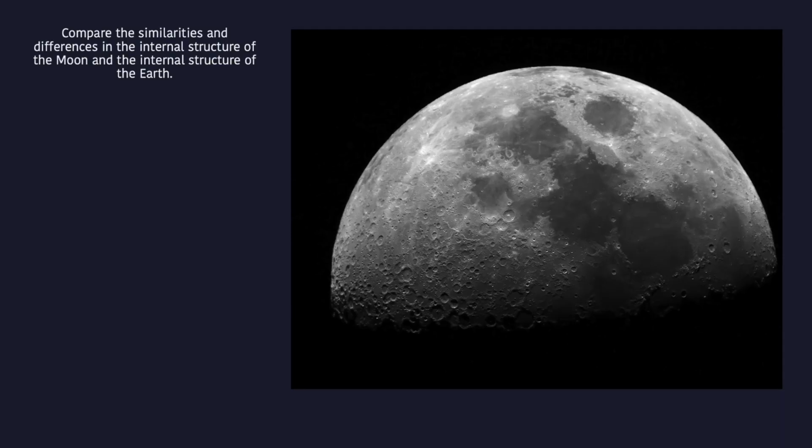Okay, so let's have a little look at a practice question. Compare the similarities and differences in the internal structure of the moon versus the internal structure of the Earth. I'll just give you a couple seconds to have a go at this question. This would be typically around a 4-mark question, so you're looking at making 4 points.